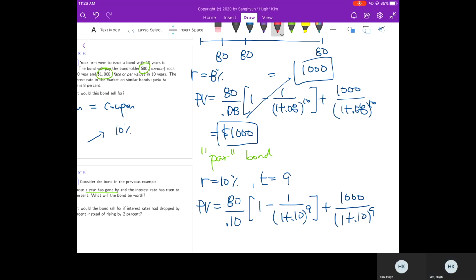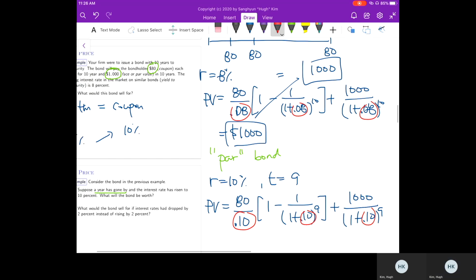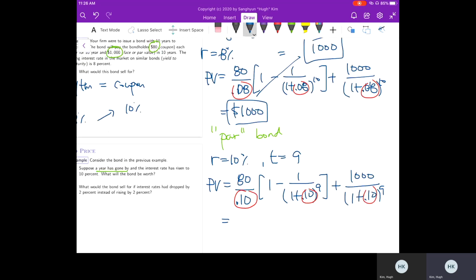As the interest rate changes from 8% to 10%, the bond price will change as well. If you compute this, you'd get $884.82.